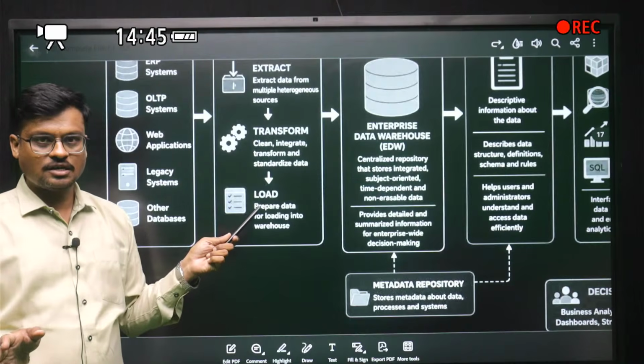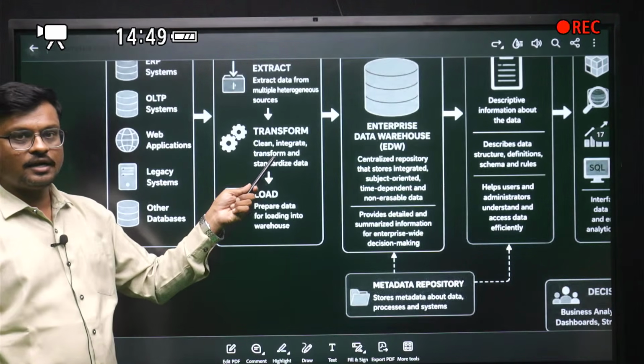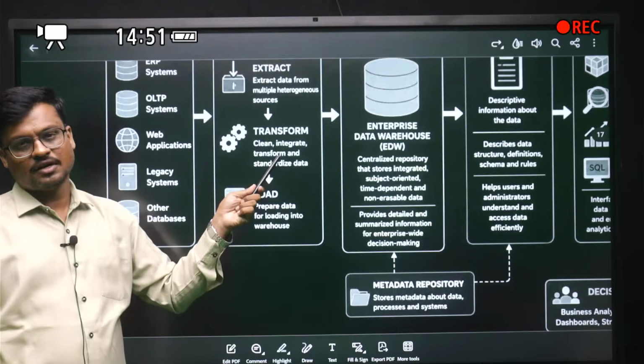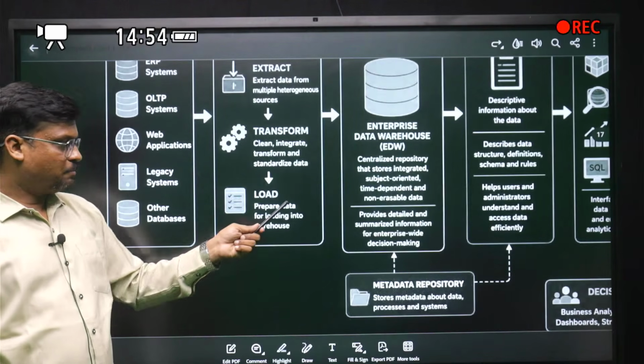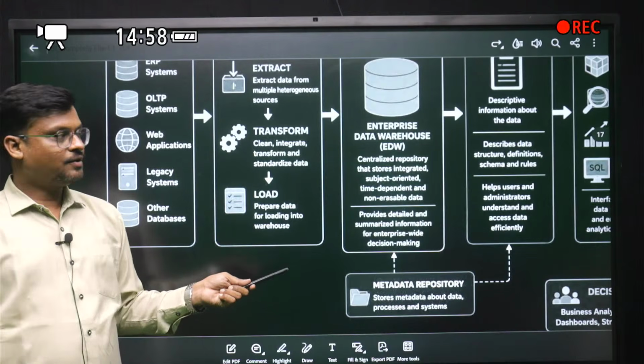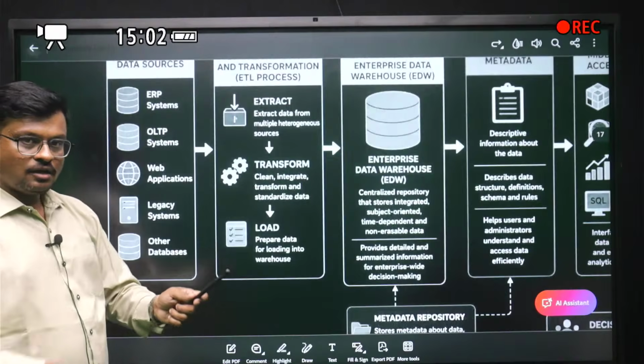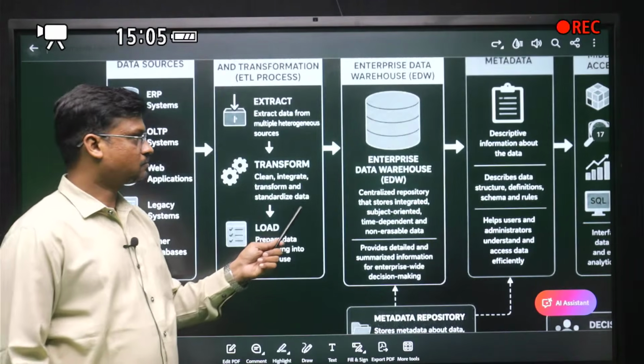You have to reduce the unnecessary things, remove the waste from your data warehouse, clean the data, integrate the data, address the missing values, and load. Prepare the data for loading into the warehouse. And if you find any difficulty in this, I mean, if you don't have any industry-relevant, decision-relevant data, you have to repeat the process again.